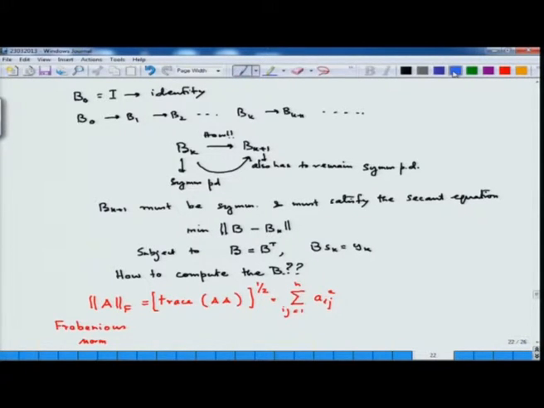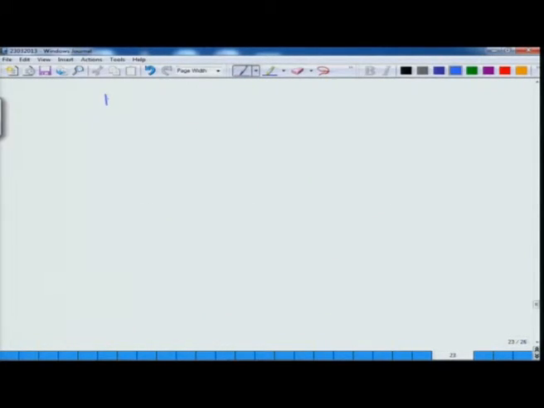Now, usually in practice people use what is called the weighted Frobenius norm of a matrix. Now, the weighted Frobenius norm of the matrix is defined as the matrix A multiplied by a weight.